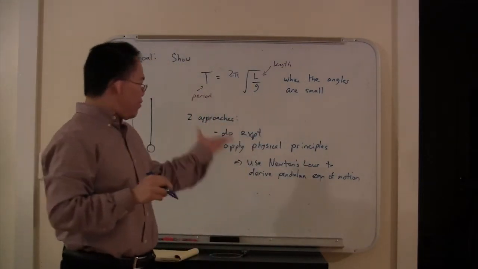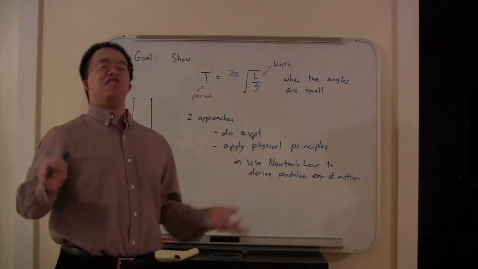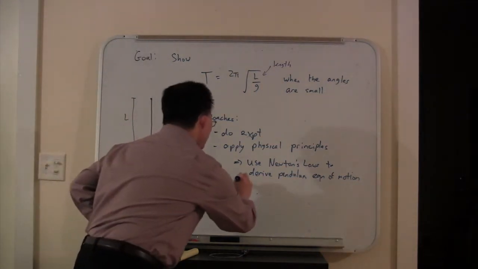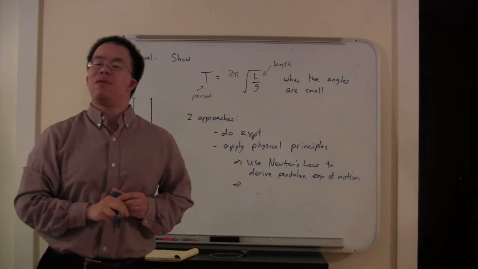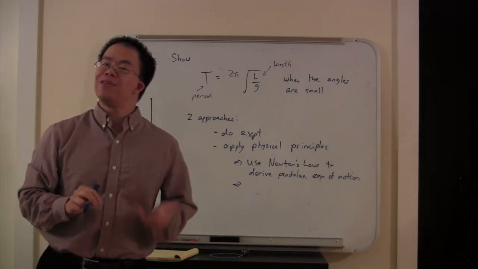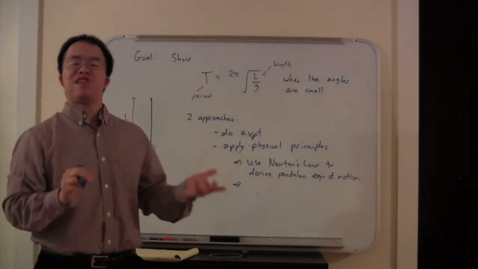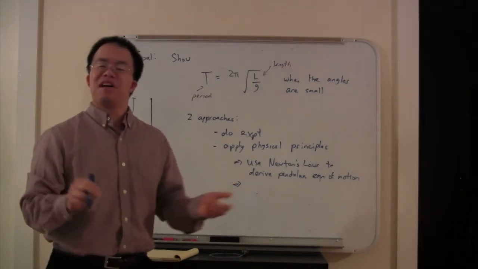So we'll derive this equation of motion in general for all angles. Then we'll use what's called the small angle approximation to simplify that equation of motion to something that turns out to have a nice solution.